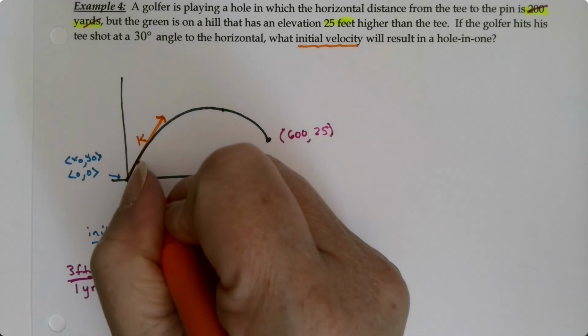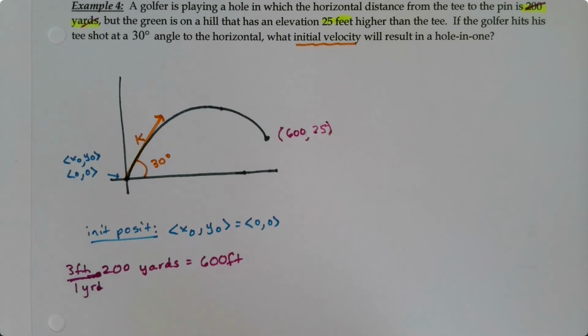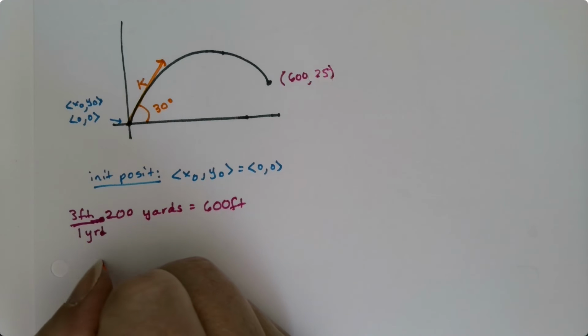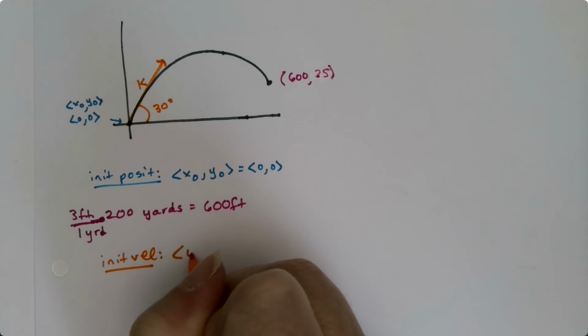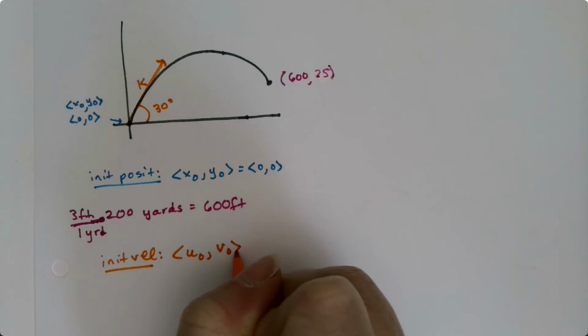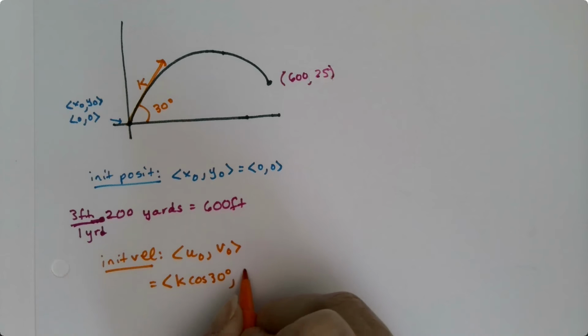We do know that it's at an angle of 30 degrees. Okay, so our initial velocity, which if you remember is u0, v0, is equal to k cosine of 30 degrees, k sine of 30 degrees.